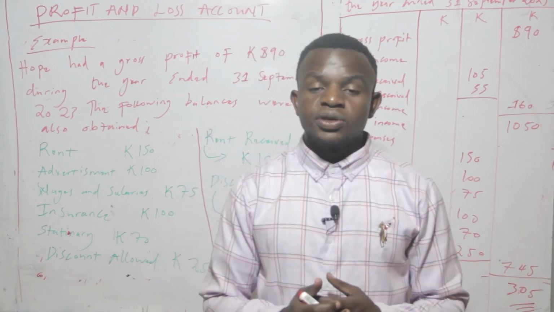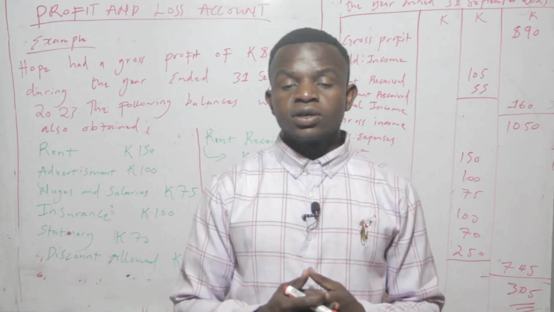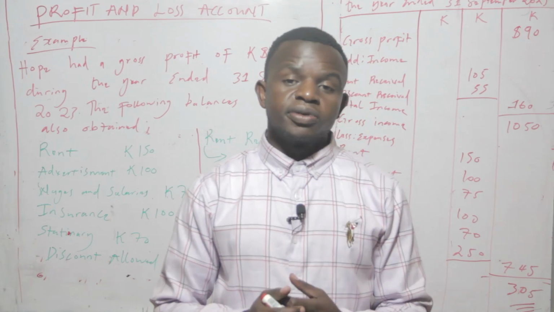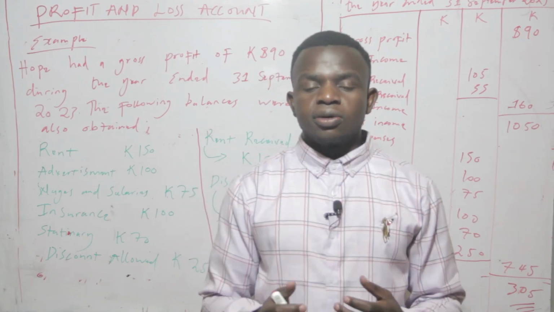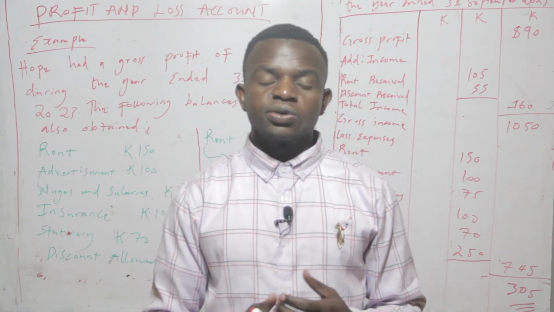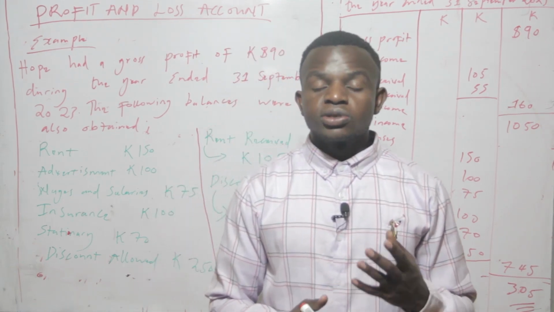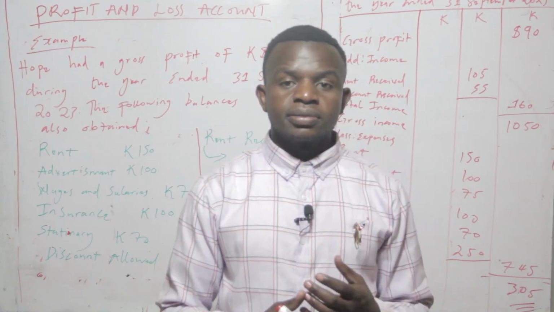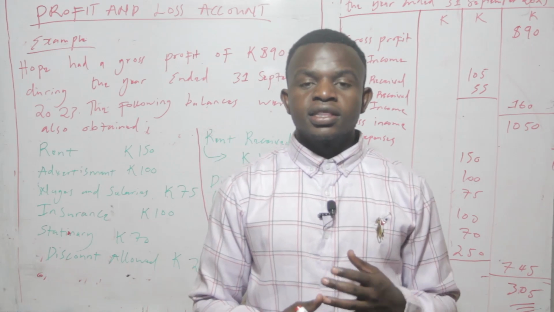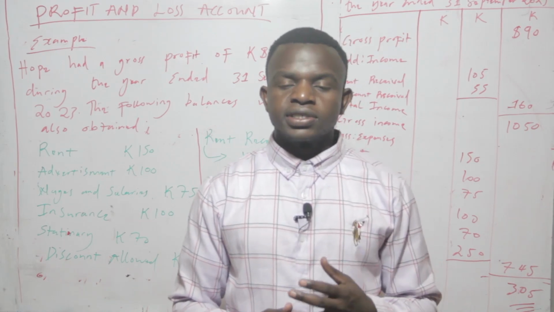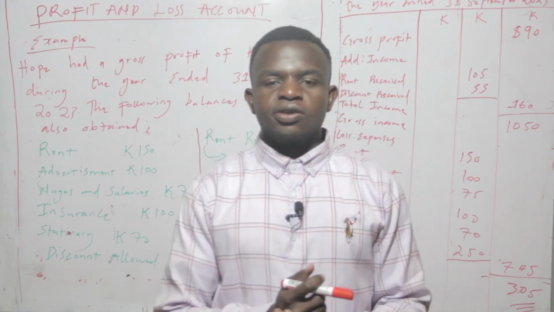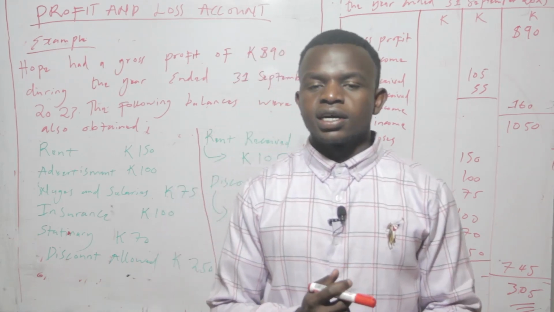And the formula that we use when calculating net profit or loss: net profit or loss is equal to gross profit minus operating expenses. But in the case whereby you have additional or supplementary income, you're supposed to add the supplementary income to the gross profit. That is going to give you the gross income. Then after calculating the gross income, you say minus operating expenses. So that's a summary of the profit and loss account.